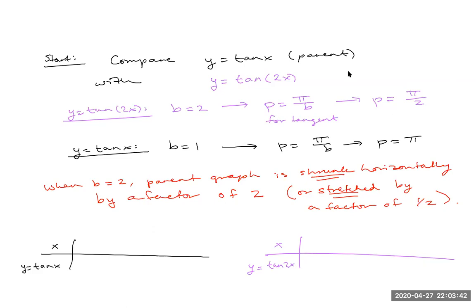Okay, so before, our 5 points for our parent, we should have 0 and pi at the ends. And then we have pi over 2 in the middle. And then pi over 4 and 3 pi over 4. Okay, now our new values should be 0 and pi over 2.